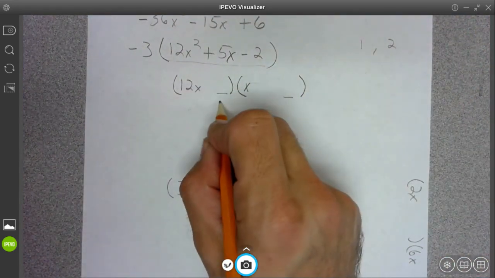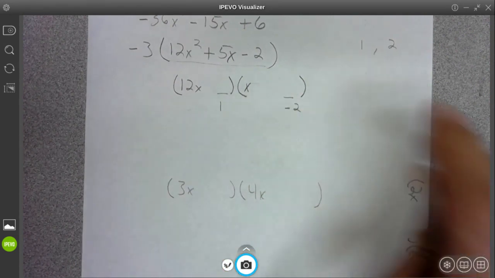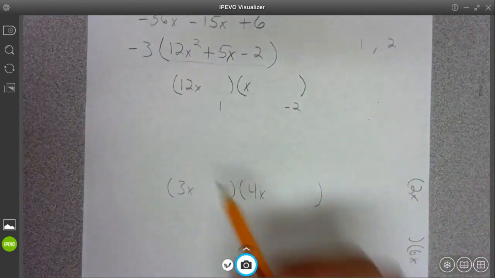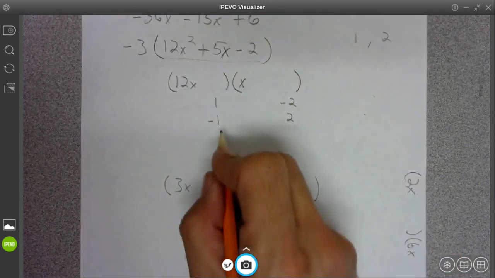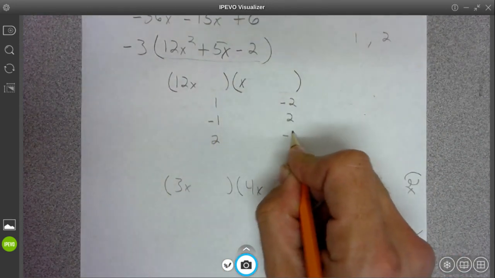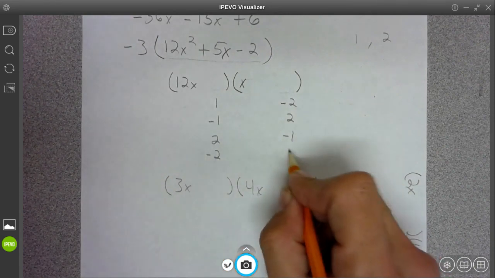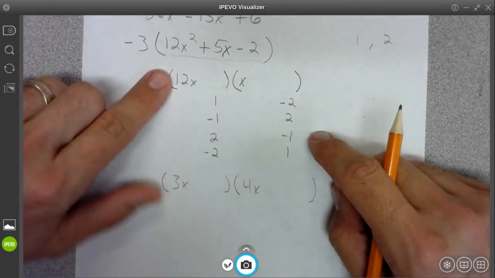All right, so it could either be a positive 1 and a negative 2, or it could be a negative 1 and a positive 2, or it could be a positive 2 and a negative 1, or it could be a negative 2 and a positive 1. So I'm going to try these 4 options for this one.